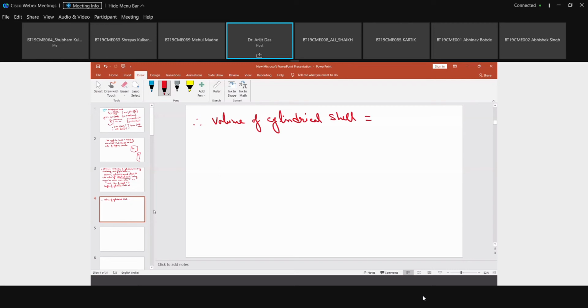It is nothing but pi by 4 D square into L. No confusion. Okay, pi r square L or pi by 4 D square into L.